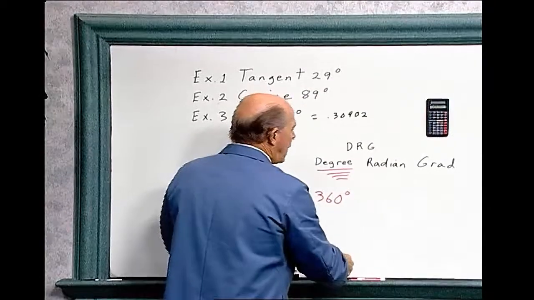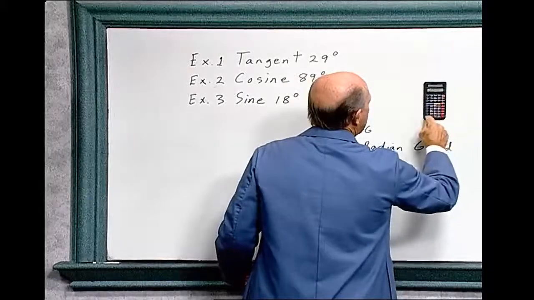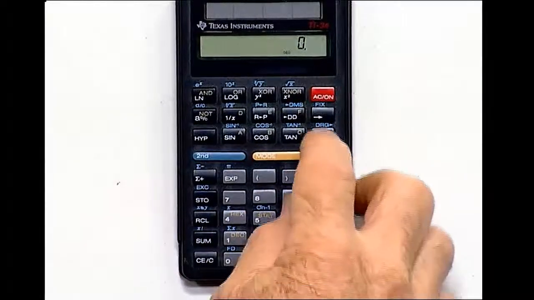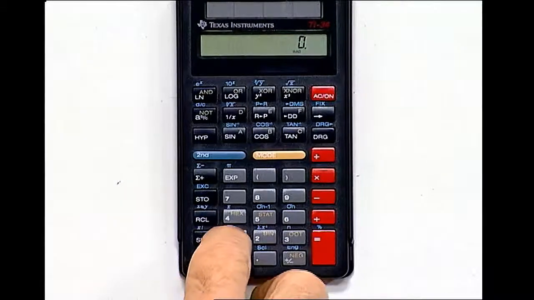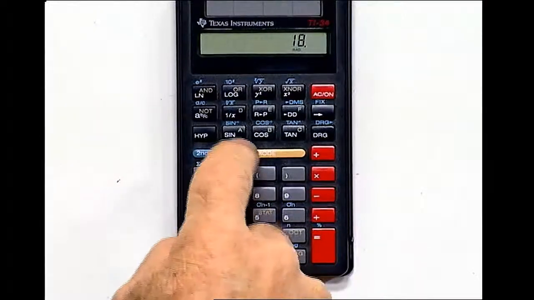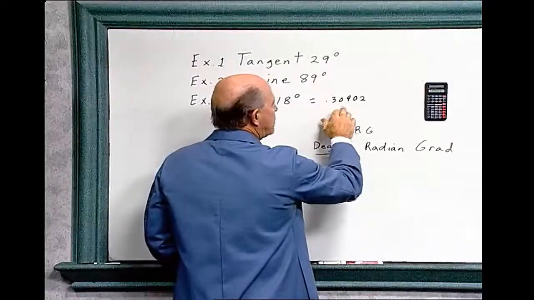Now let's look at what happens if we have radian on this. We'll clear the calculator and move that over to radian. We'll put, again, sine of 18 degrees in. Notice what happens. We're going to get a different number, minus 0.75. And let's do the same thing for grad.